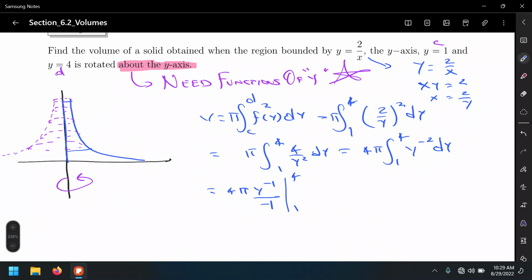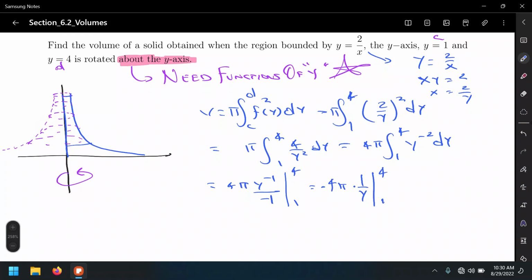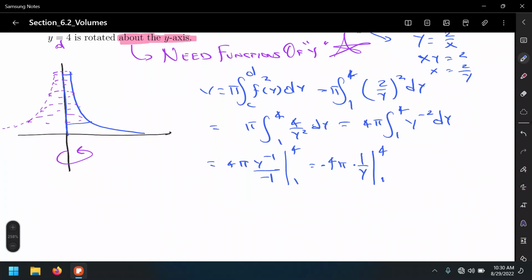Of course, let's clean up these negatives, both the one in the denominator and the one on the exponent. So that's going to be negative 4 pi, and that times 1 over y, from 1 to 4. And as usual, upper limit minus lower limit, that's the fundamental theorem of calculus.